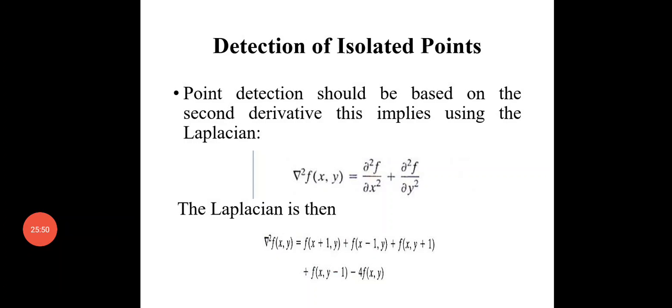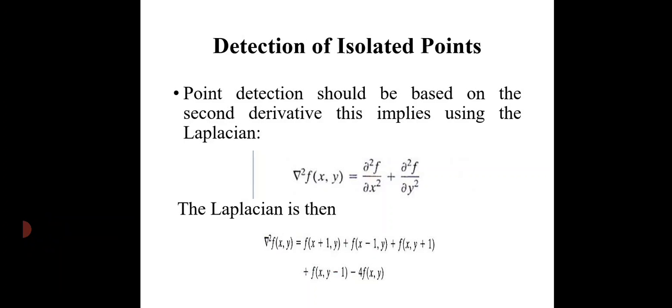Using the Laplacian mask in the above figure, we say that a point has been detected at the location x,y on which the mask is centered if the absolute value of the response of the mask at that point exceeds a specified threshold. Such points are labeled 1 in the output image and all others are labeled 0, thus producing a binary image.